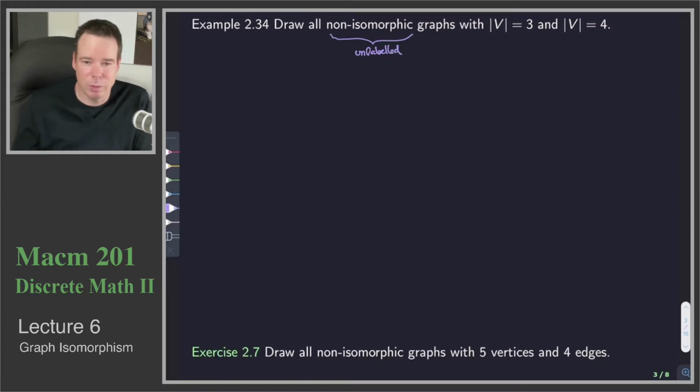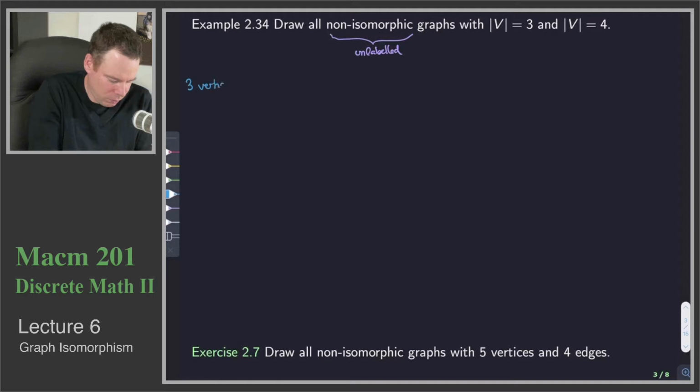And we've done that before. We've drawn all unlabeled trees with a certain property. And that's really all this question is asking. So we're using the more technical terminology of isomorphism to ask questions that we've already asked before, but we're phrasing it using this new terminology. So let's draw all non-isomorphic graphs on 3 vertices.